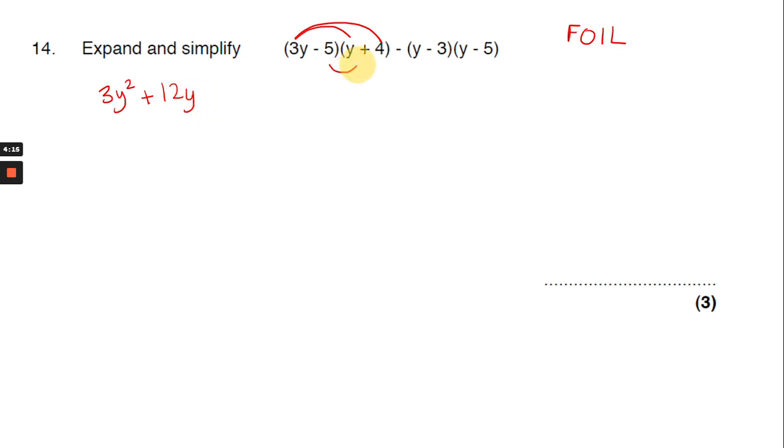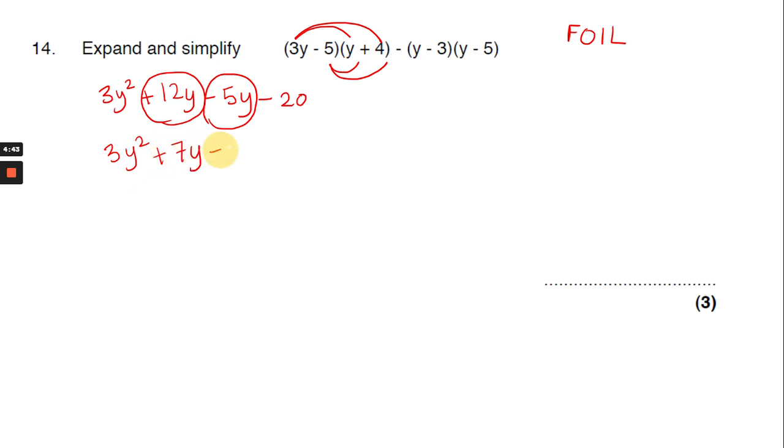Inner gives me minus 5y, and then last, minus 5 times 4 gives me minus 20. Okay, now I can simplify this because I've got 2 like terms in the middle. So I've got plus 12 minus 5. That's going to give me 7y, so 3y squared plus 7y minus 20.